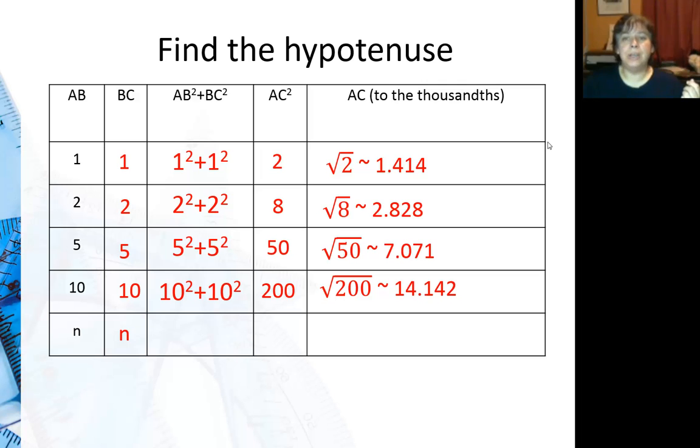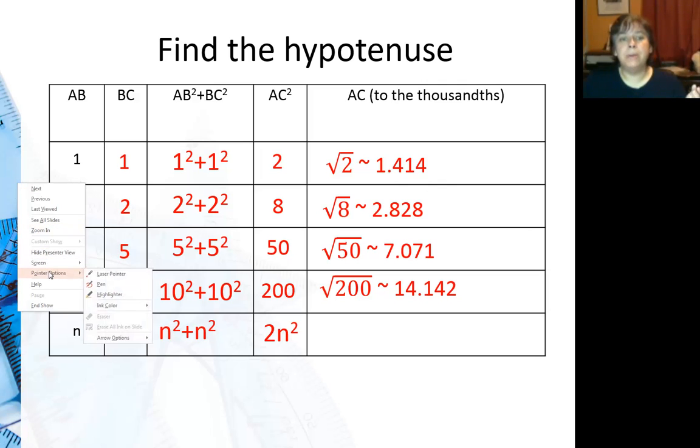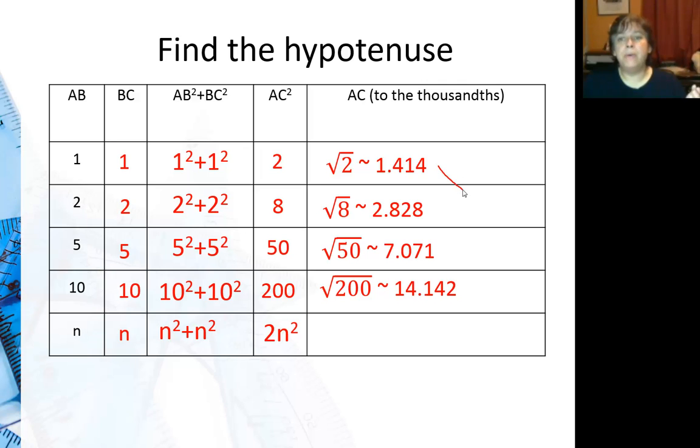So the question is, what kind of pattern, and actually I can still do n squared plus n squared, I'm going to get 2n squared. And that kind of fits the pattern here. You see how you take this, square it, and double it. So that's the pattern we're getting for the hypotenuse squared. Now, one thing you might notice is if you look at how it jumps from here to here, it jumps by 1.414.